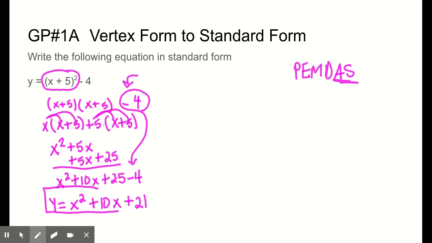And this is the equation in standard form. Now, in your practice for today, I am going to ask you to identify the constant as one of the answers. So remember, your constant is the number without the variable.